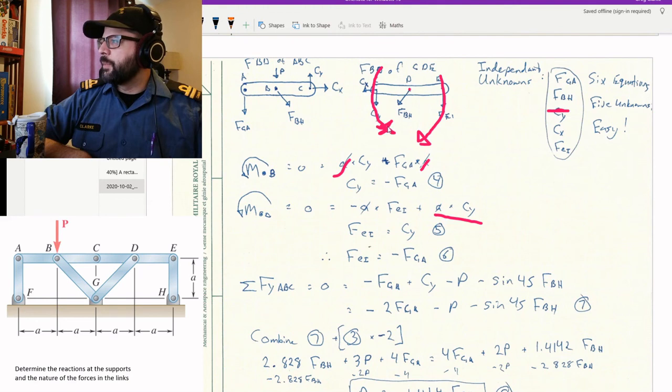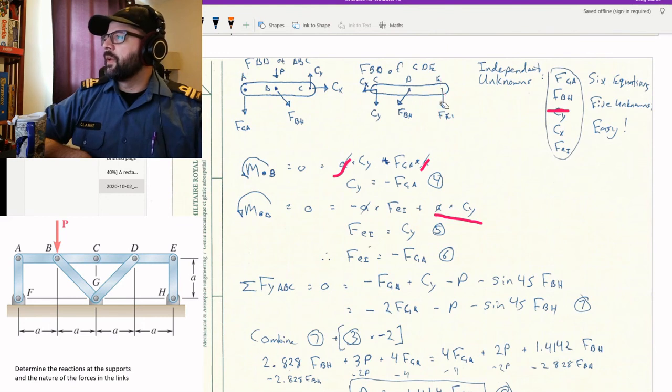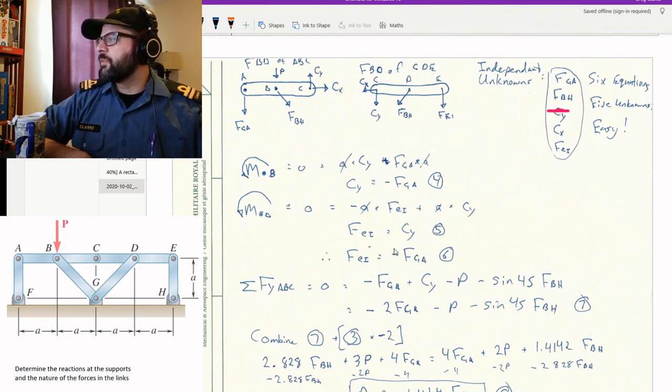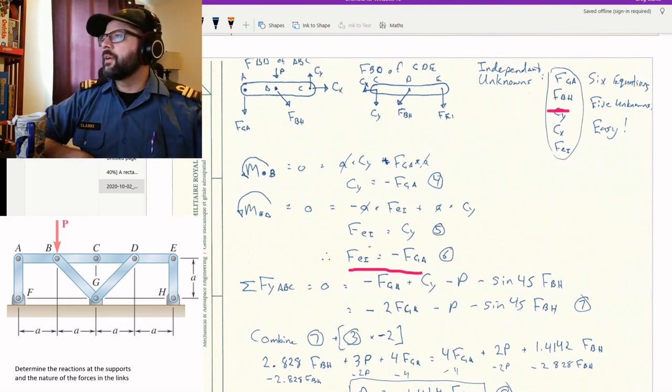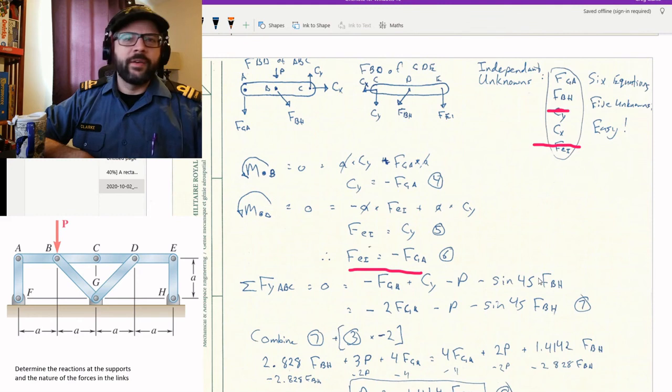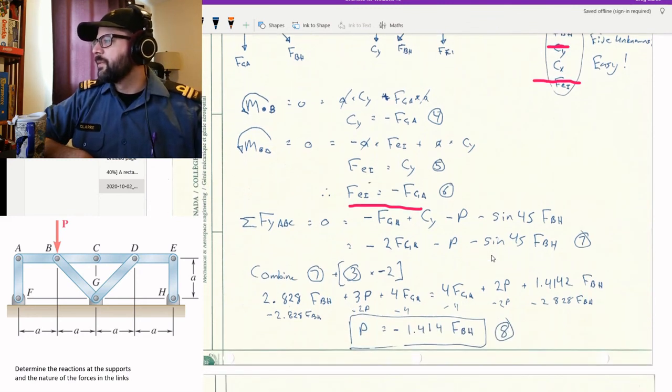That'll be a positive moment, since the CY acting on this body is going to be pushing downwards, which, based upon the relationship between where it is located relative to D, will give us a positive moment for CY. So we've got CY is equal to FEI, and we already know that CY is equal to negative FGA, so FEI is equal to negative FGA. All right, congratulations. We crossed off another independent unknown on our list. We're doing well here.